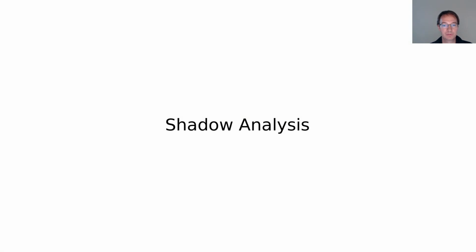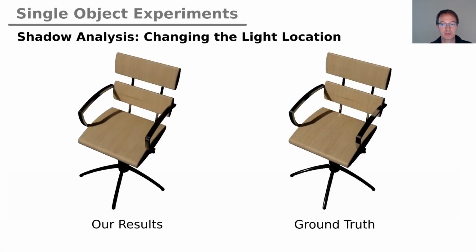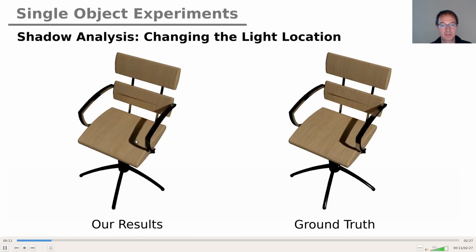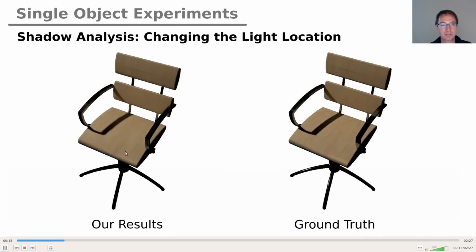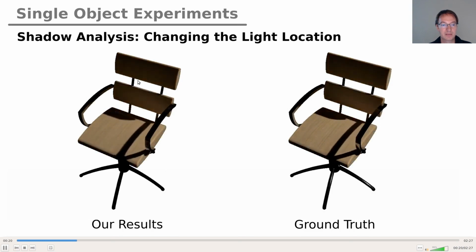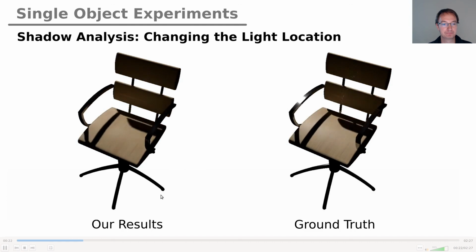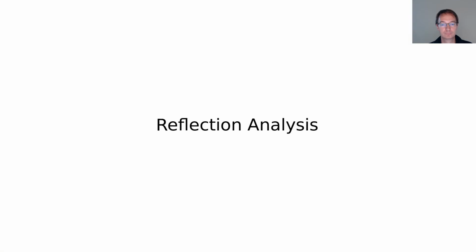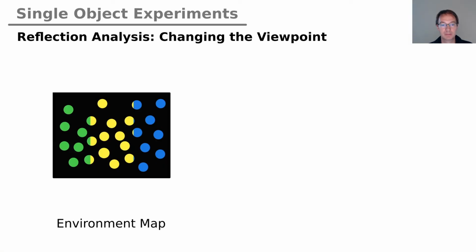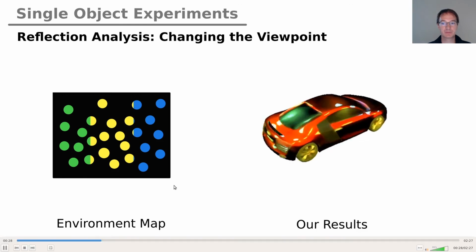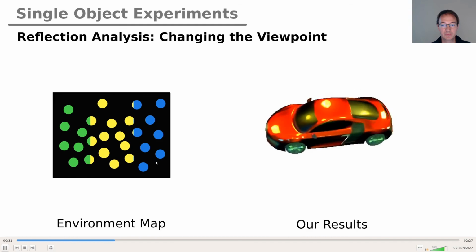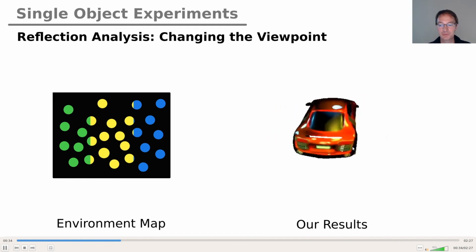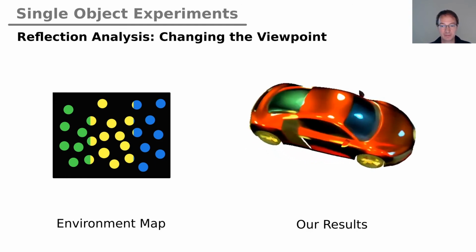So we first look at how well this model can actually model shadows. You can see on the left our results, on the right the ground truth, and you can see that it can model shadows of the object quite effectively by representing them as this neural network. It can also cope with reflections. So here we have modeled a highly reflective object with such an environment map, and you can see how these reflections move over the surface of the object.